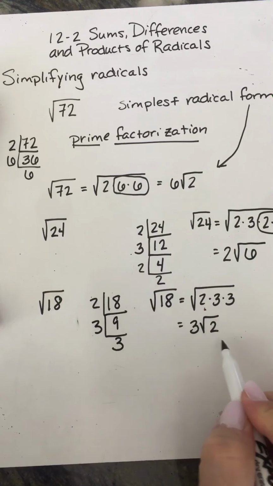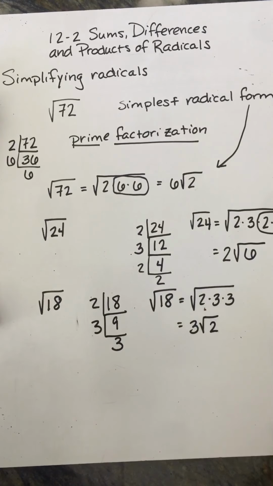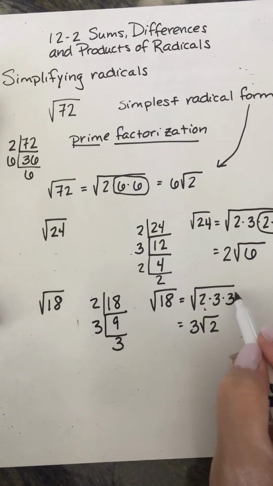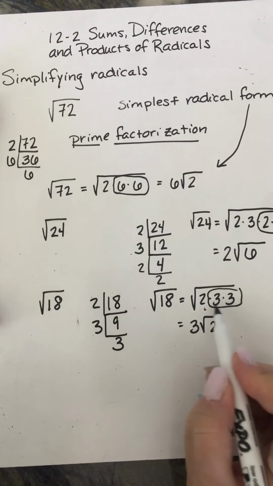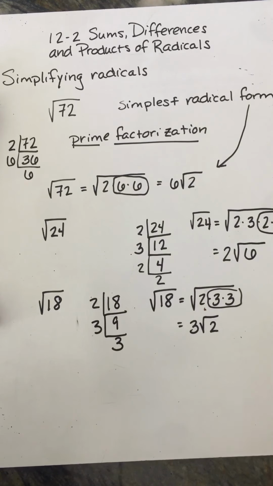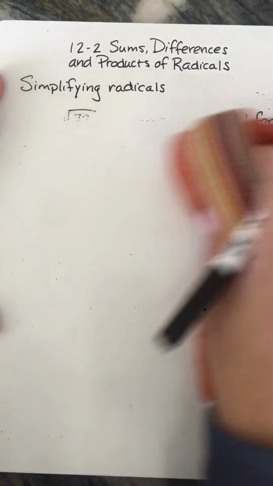Okay, so I have 3 square root of 2 because my prime factorization had 2 3s, and so I could take 2 of them home but only pay for 1. And that's what the square root does: the square root is an operation that says find the perfect squares or the doubles of things.